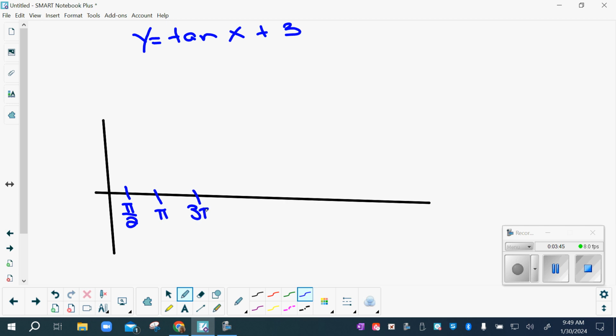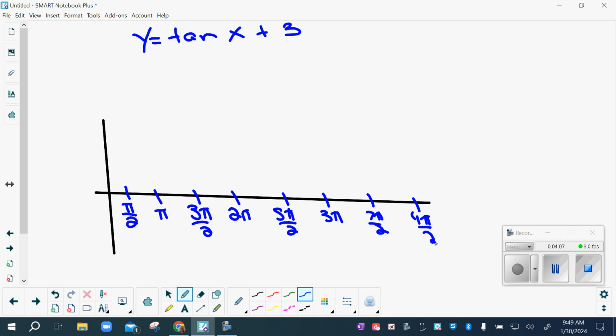I'll be honest, the hardest part is just putting these on here because they're such a pain. But, sorry, people at home. 3 pi. 7 pi. I always forget him. 7 pi over 2, 4 pi.